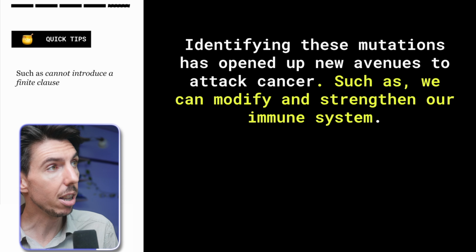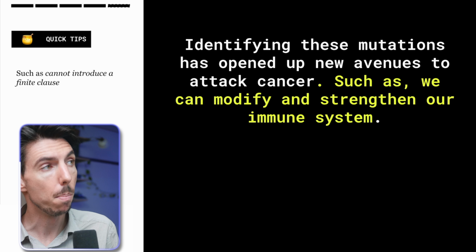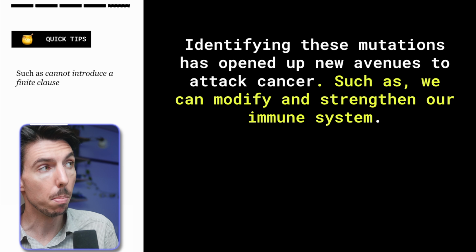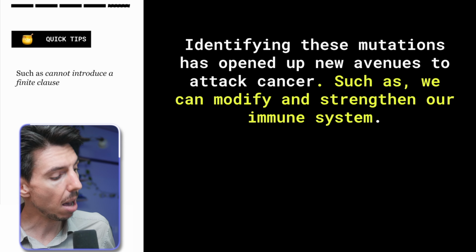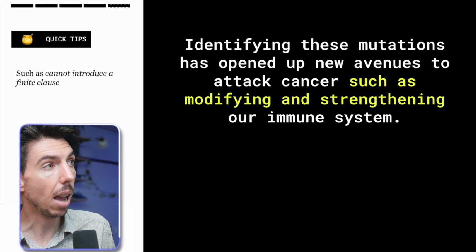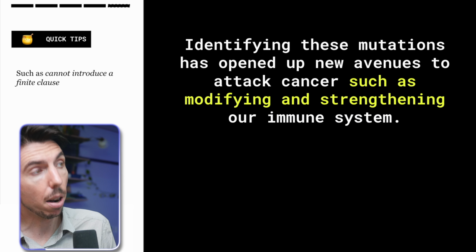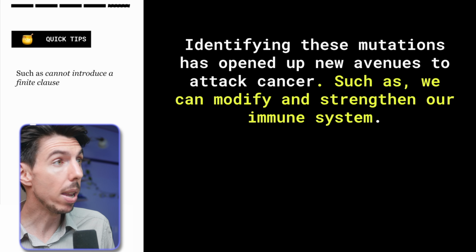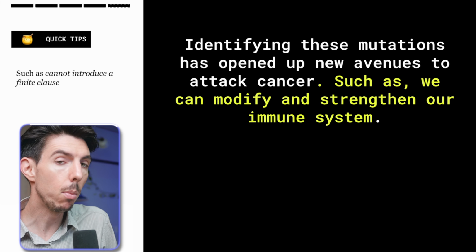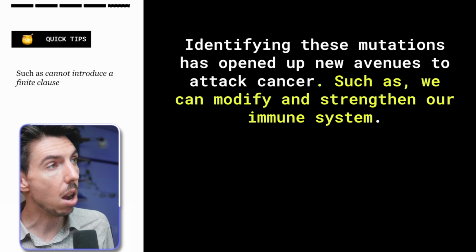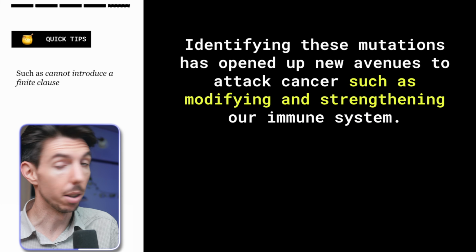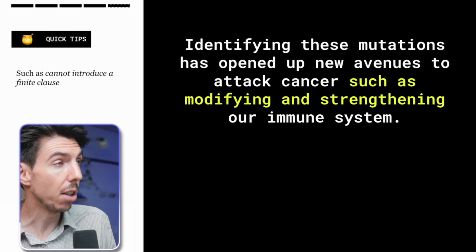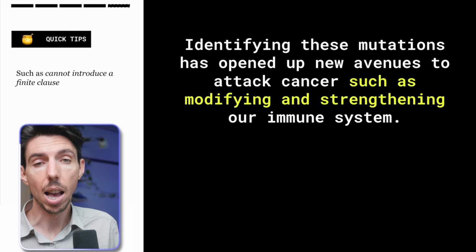So: "Identifying these mutations has opened up new avenues to attack cancer, such as we can modify and strengthen our immune system." That becomes "new avenues to attack cancer, such as modifying and strengthening." So we've taken that finite clause, "we can modify and strengthen," and converted the verbs into non-finite -ing clauses, basically nouns. So we can say "such as modifying and strengthening our immune system."